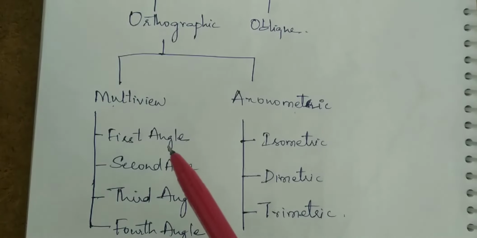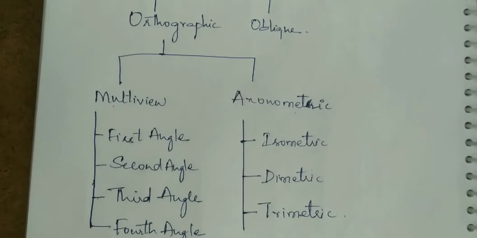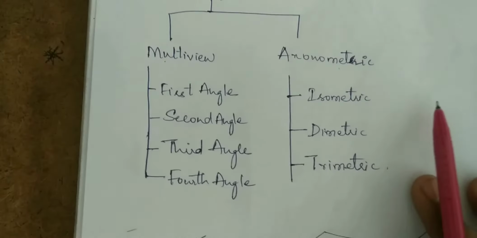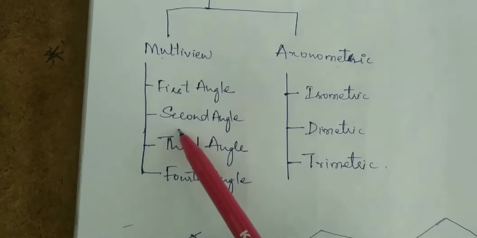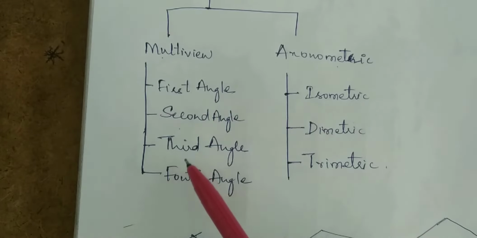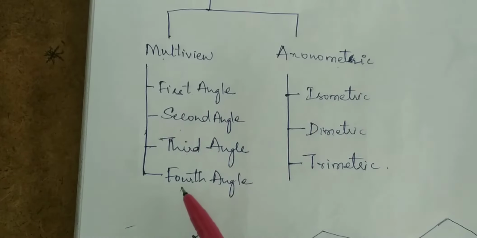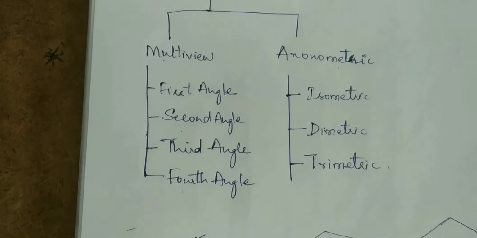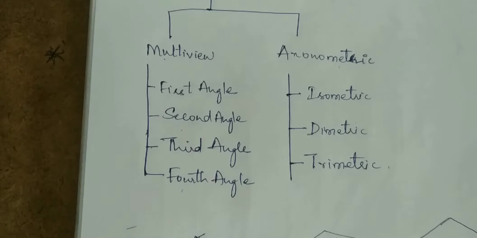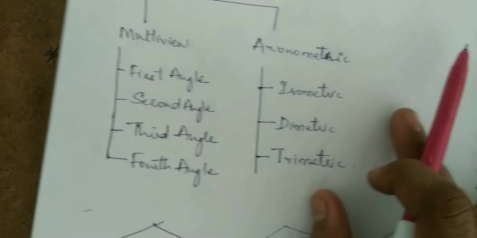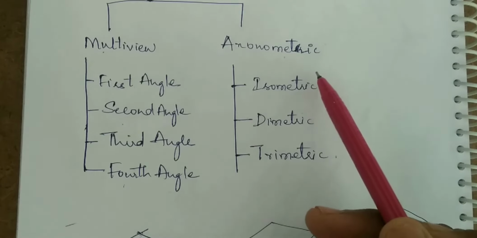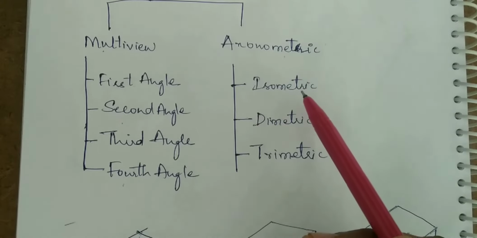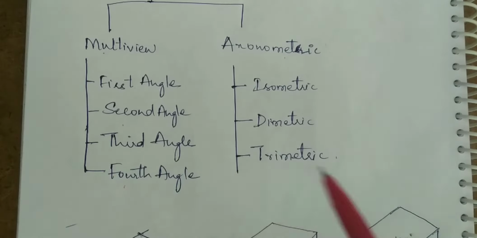These are further broadly classified into sub-classifications. In multi-view projection, we have already seen first angle, second angle, third angle and fourth angle projection, which we came across in the previous classes from the second to fourth units. Now we are going to see axonometric projection, which is further classified into isometric, dimetric and trimetric.